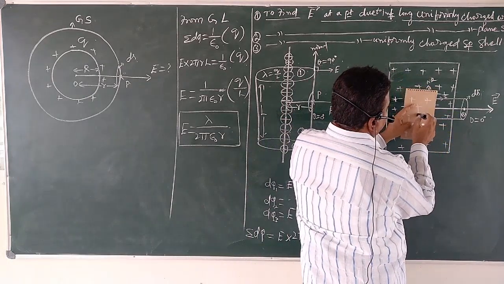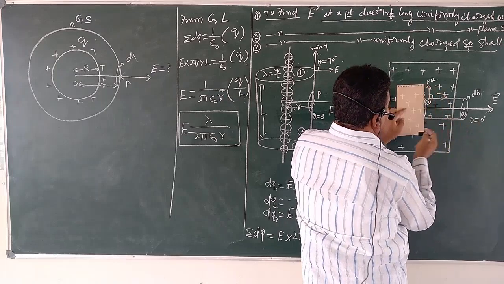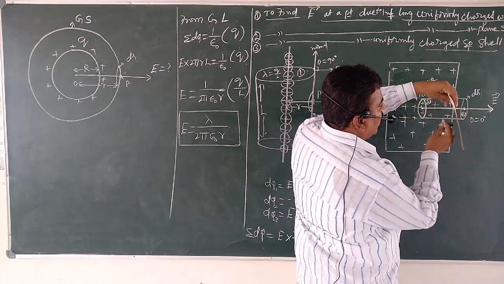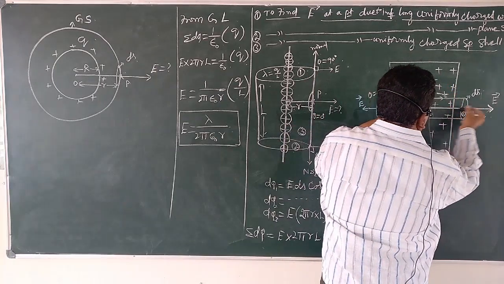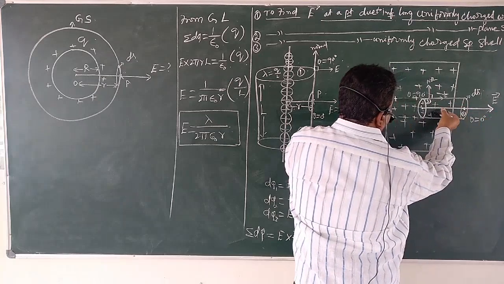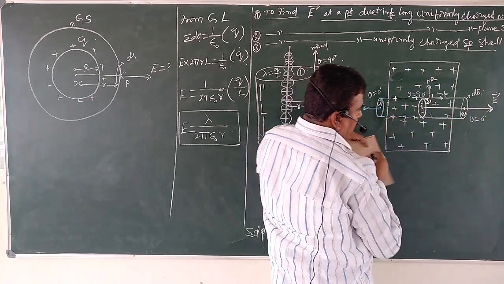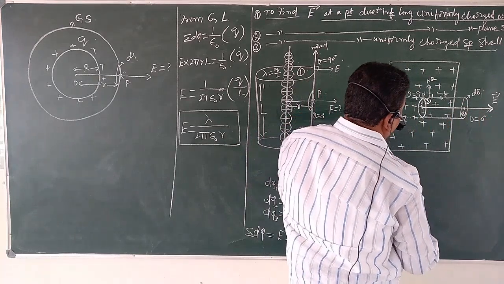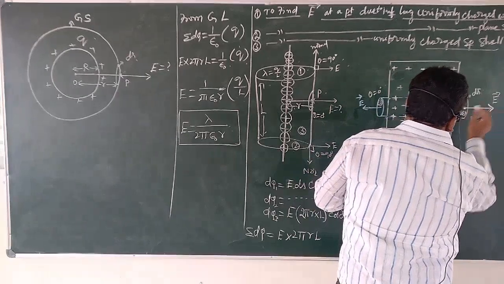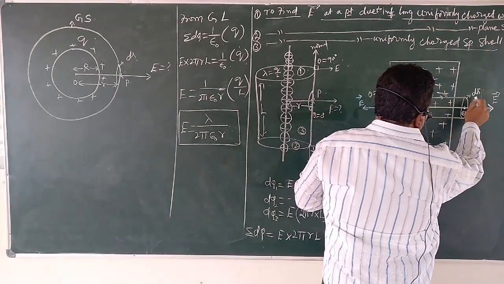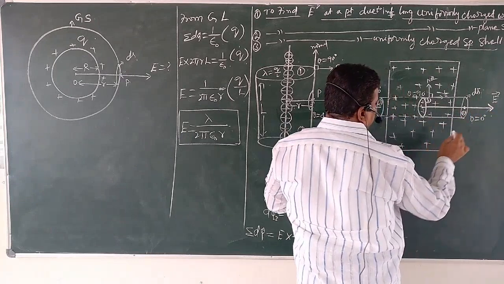A part of the cylinder will be on this side, another part on this side. This side is represented by this color and the other side by this color. Now, here the electric field will be like this, and the normal will be along the same direction.